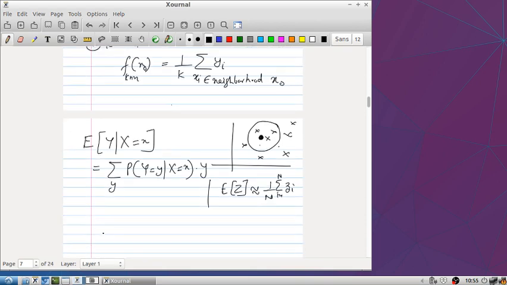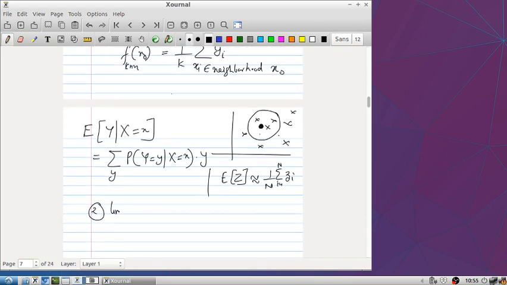So, linear models are directly saying that the conditional expectation of y given x is equal to x, let me assume that this is actually equal to beta transpose x.